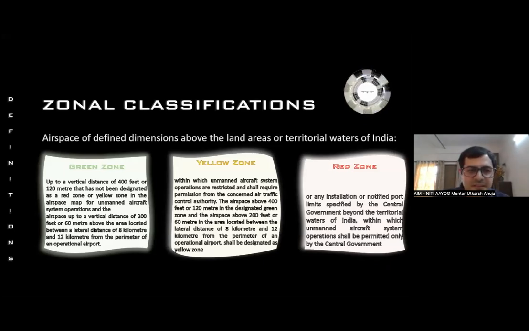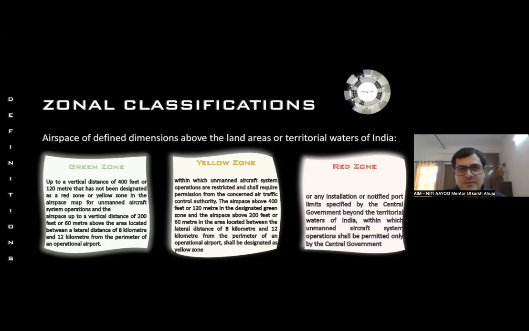The first is the green zone, which is the airspace up to a vertical distance of 400 feet or 120 meters that is not designated as a red zone or yellow zone in the airspace map for unmanned aircraft system operations, and the airspace up to a vertical distance of 200 feet or 60 meters above the area located between a lateral distance of 8 kilometers and 12 kilometers from the perimeter of an operational airport. So that's the definition of a green zone.